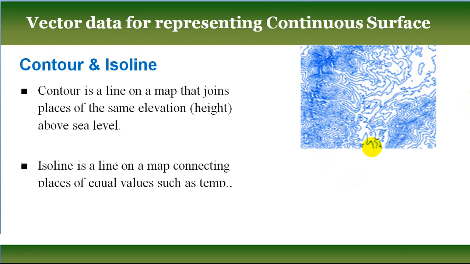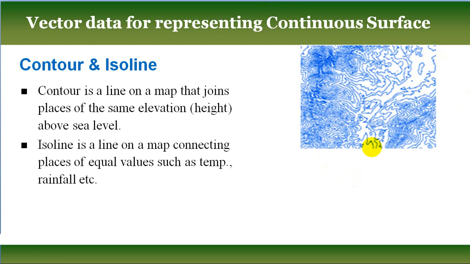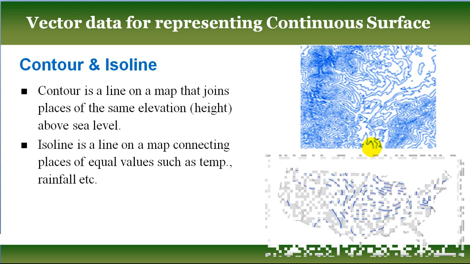Instead of a contour, an isoline is a line on a map connecting places of equal values, any values, such as equal temperature, equal pressure, equal rainfall, equal humidity. Once you join all such equal values, that will present isolines.